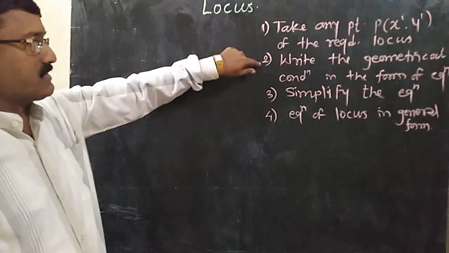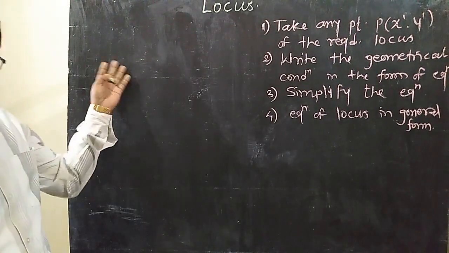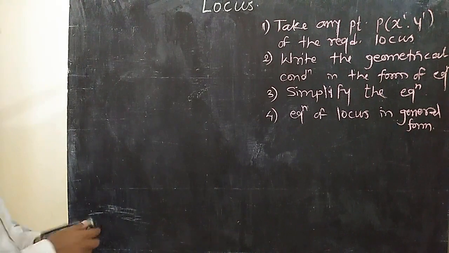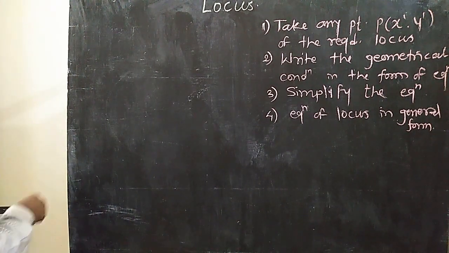Okay, these are the 4 steps that we follow while solving examples on locus. Let us see one example.